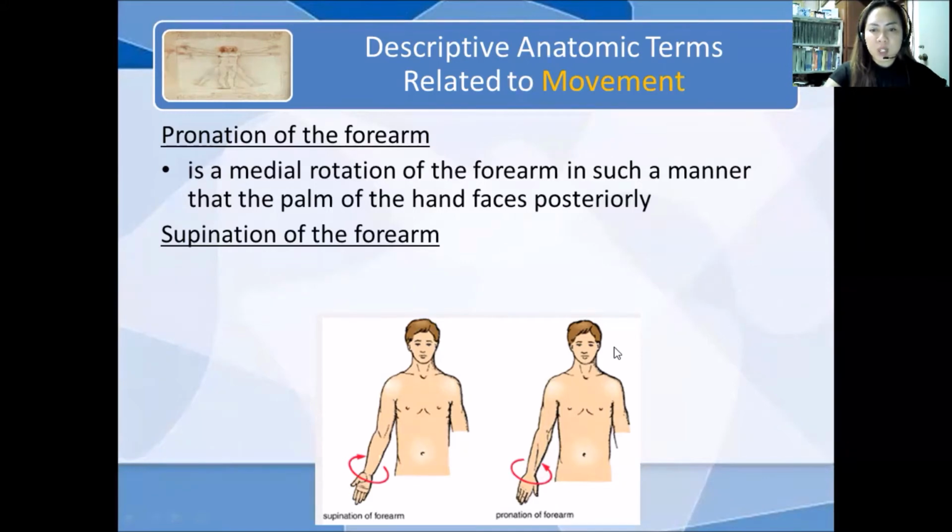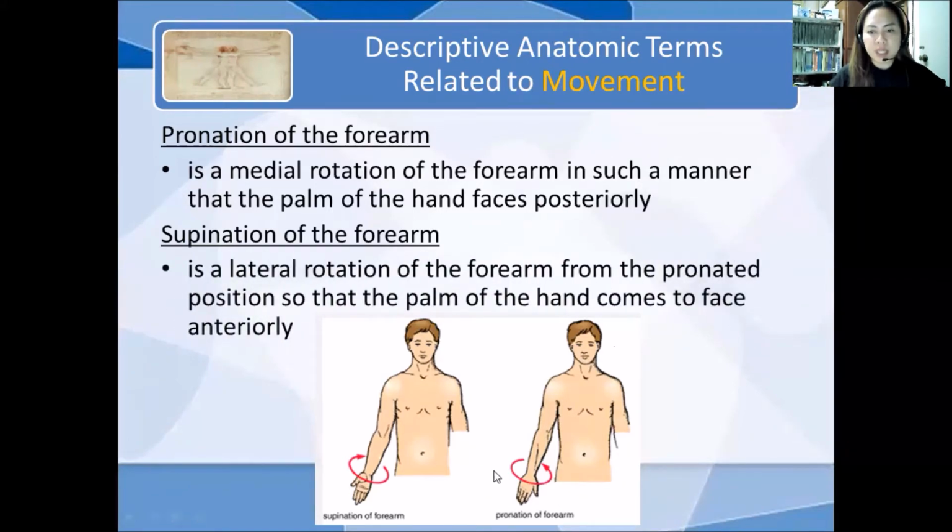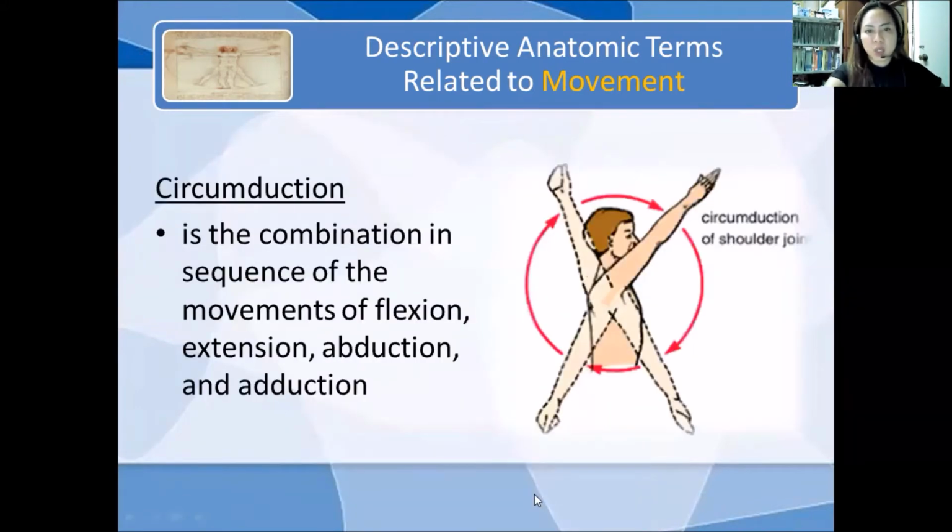While supination naman, just like in this picture, is a lateral rotation of the forearm from the pronated position, nakatalikod, so that the palm of the hand comes to face anteriorly. So that is supination. This one, pronation. What is circumduction?